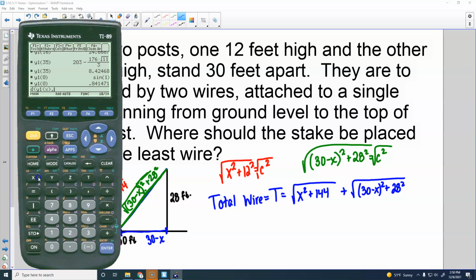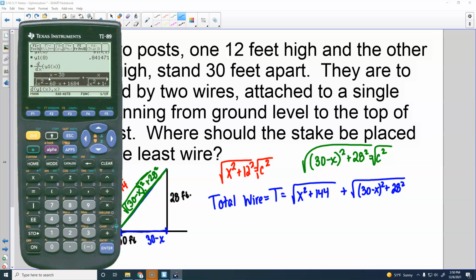Here's where we put the comma x, like this. Aren't you glad I didn't make you take that derivative by hand? Okay?